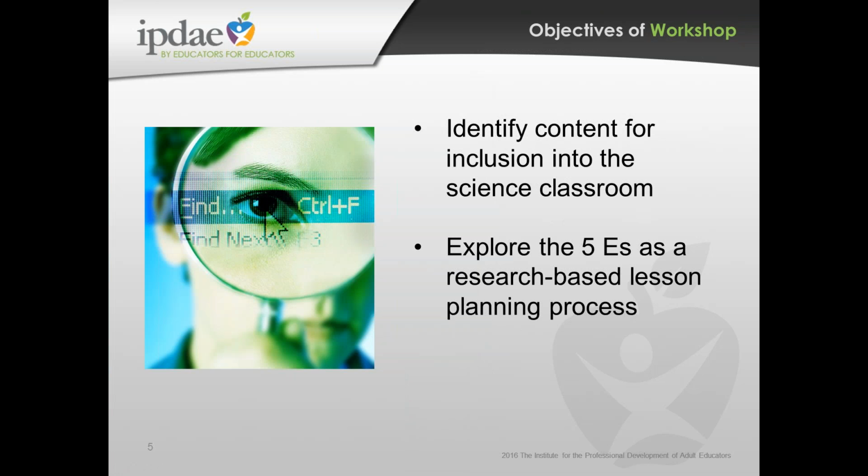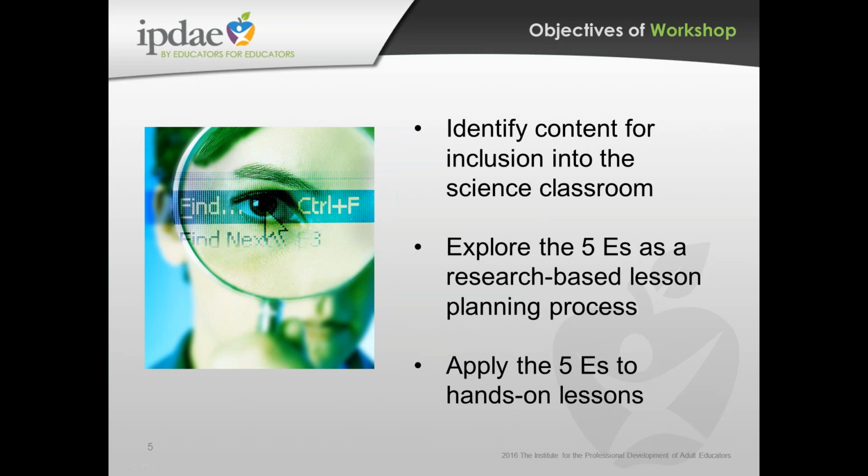And that brings us to our next topic, exploring. We're going to explore something called the 5 E's. It's a research-based lesson planning process where we can help make sure that students are getting the most from the limited amount of time that we have to work with those different science topics.